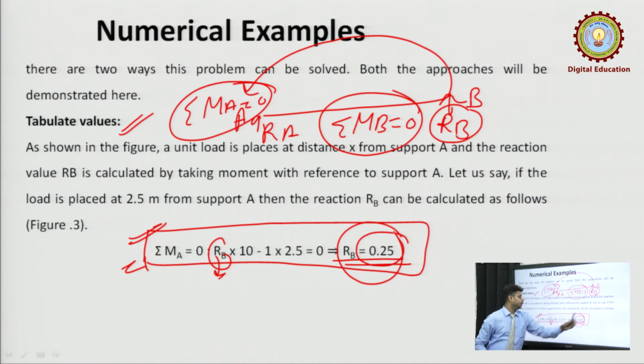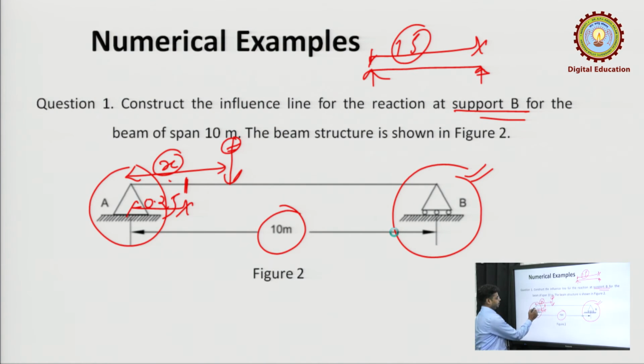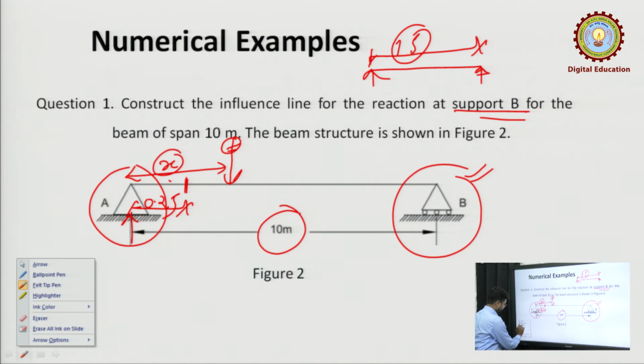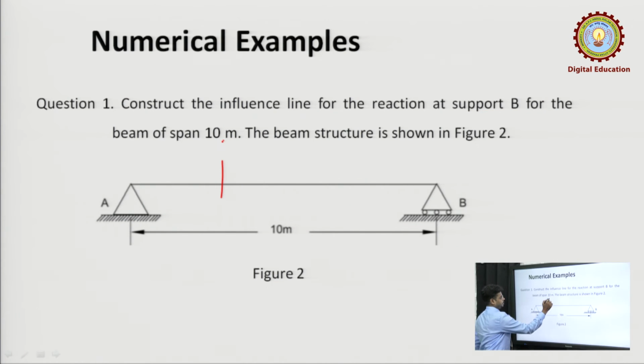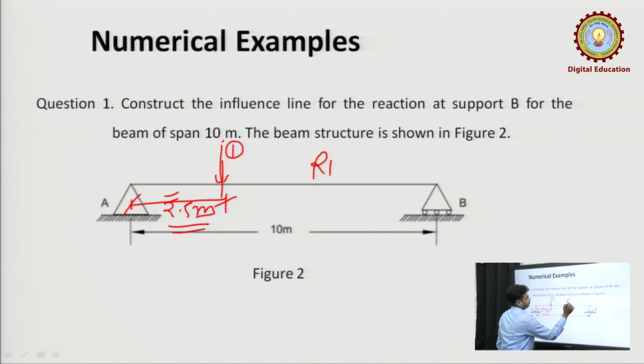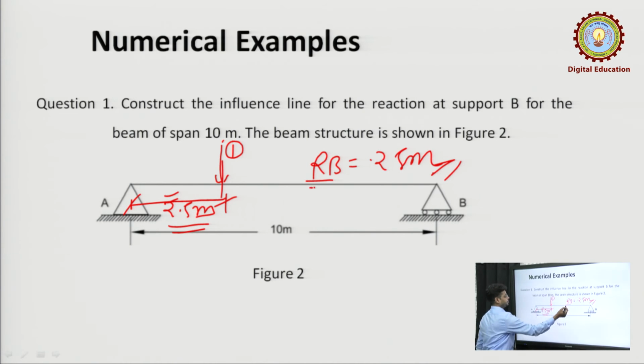Let us say the load is placed at 2.5 meter. For that load and that distance we have a value of RB equal to 0.25.